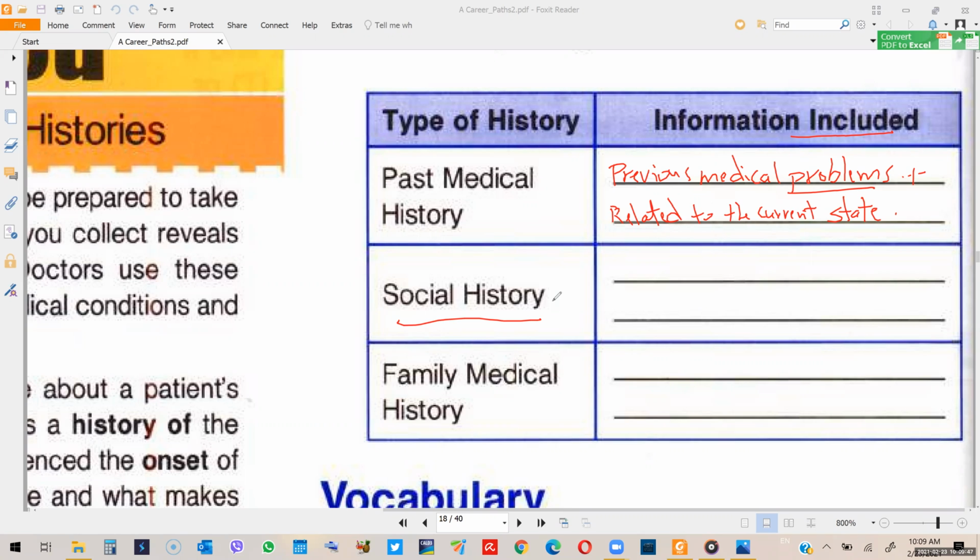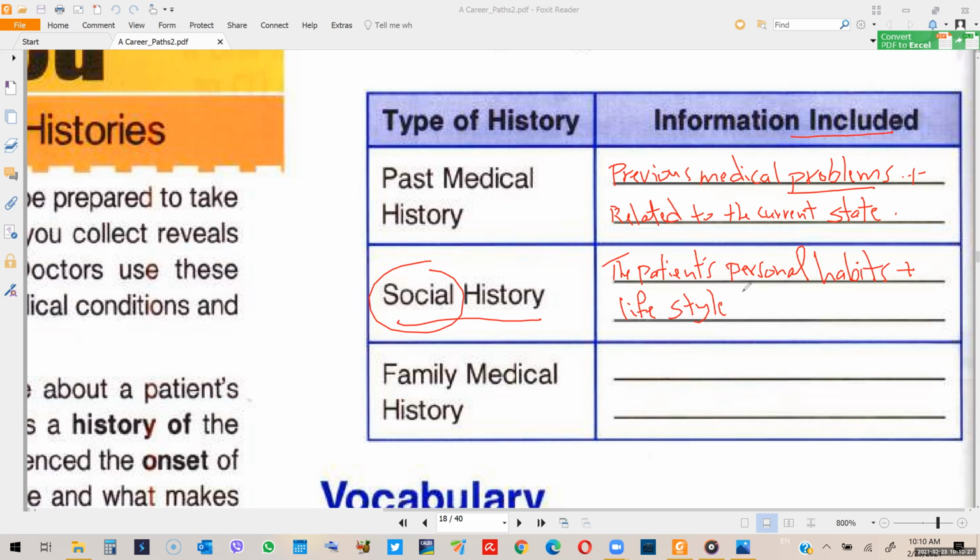For the social history, you have to check the patient's personal habits and lifestyle. So we have to ask about personal habits, like eating habits, drinking habits, plus lifestyle.